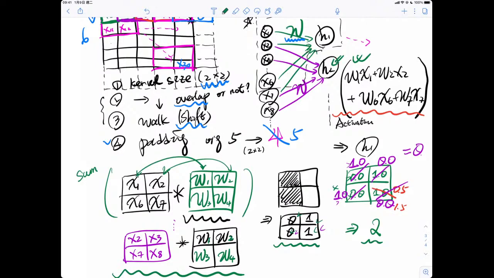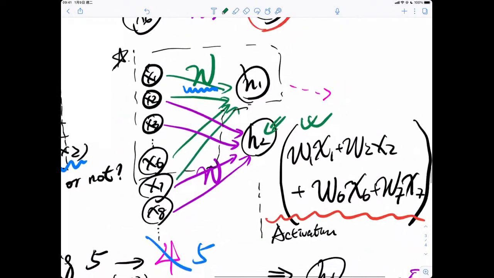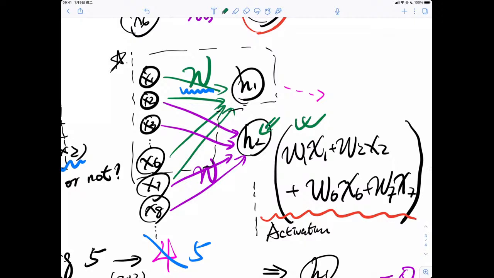At this moment, let's take a look at this figure. Neuron 1 will be activated because the output value is very high. No matter whether you pass it through an activation function or not, the value of H1 will be larger if x1, 2, 6, 7 looks similar to the weight W. So the neuron will receive a lot of information from 1, 2, 6, 7 combined with the weight.